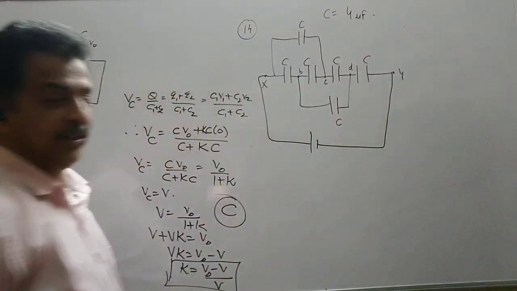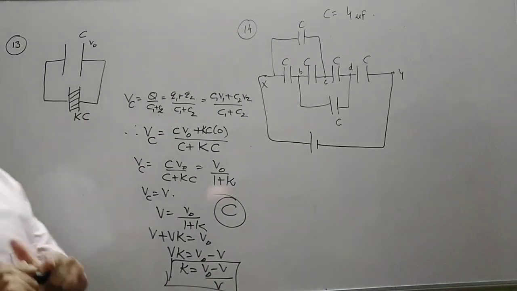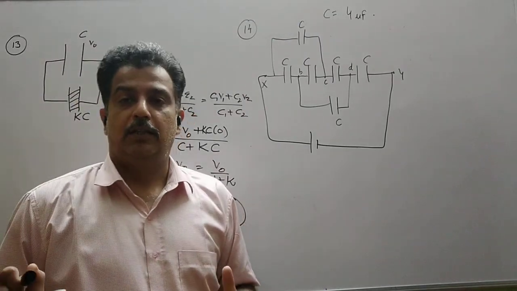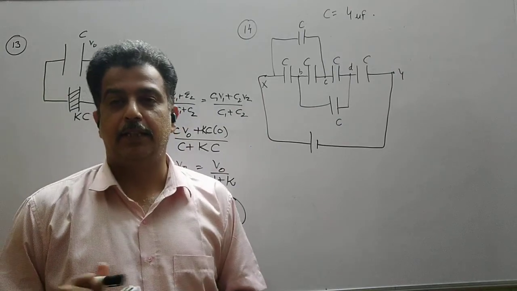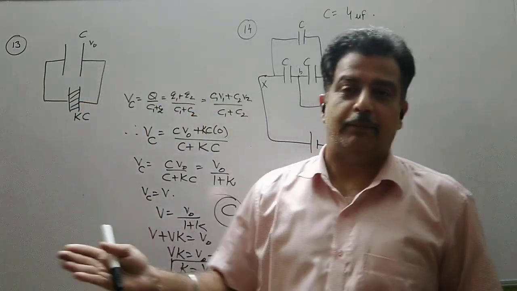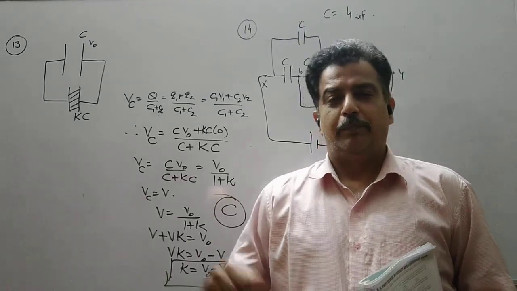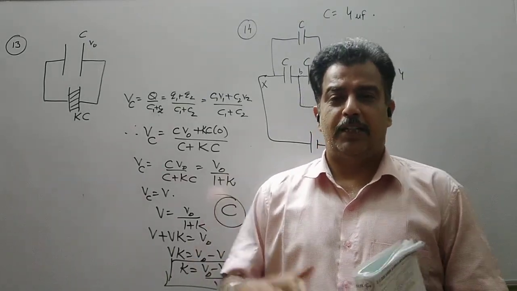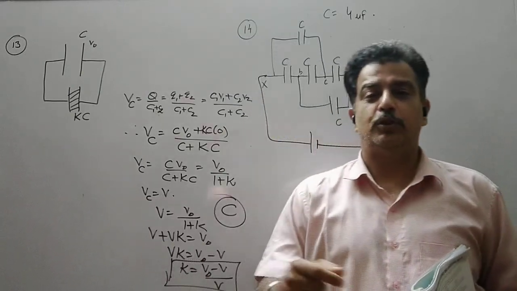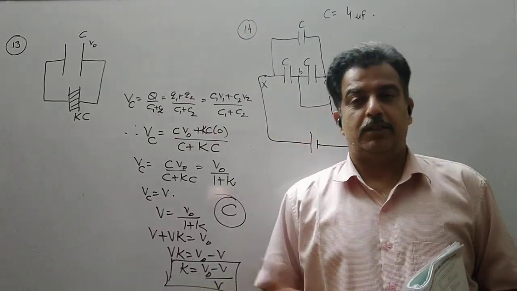So I connect a battery. Now remember, if there are 5 capacitors or 6 capacitors, if there are 5 capacitors, there is a possibility of a Wheatstone bridge. So most of the time, if there are 5 capacitors, the first thing is you check whether it is a balanced Wheatstone bridge or not.